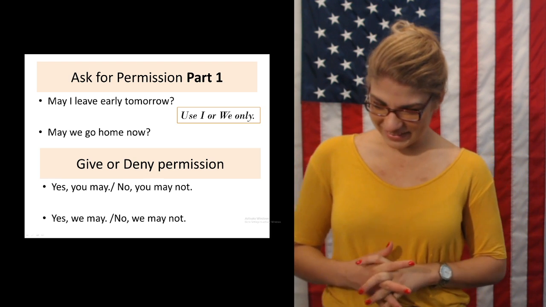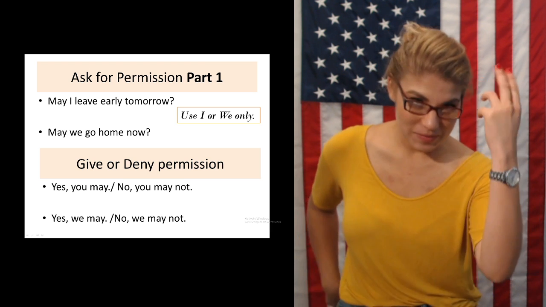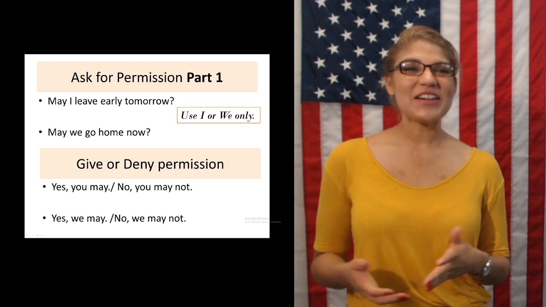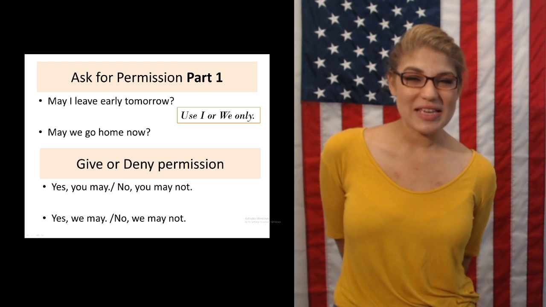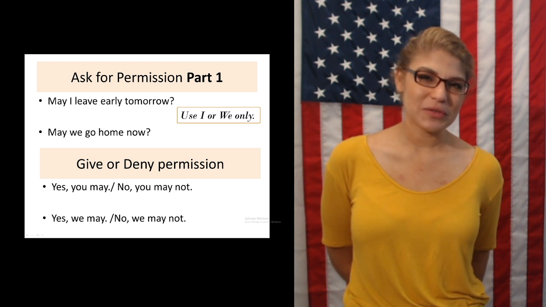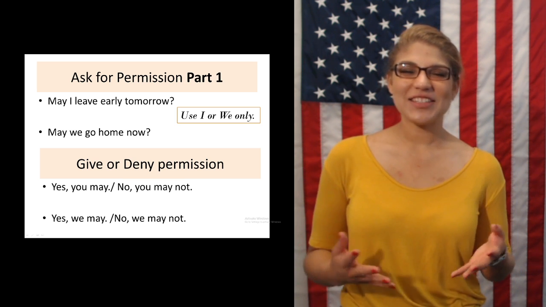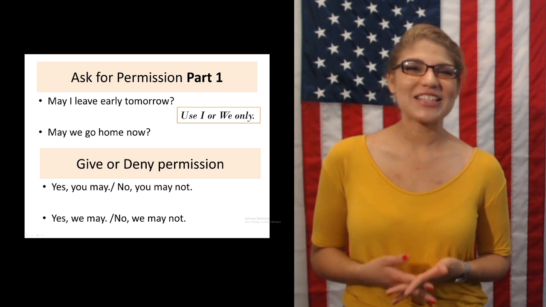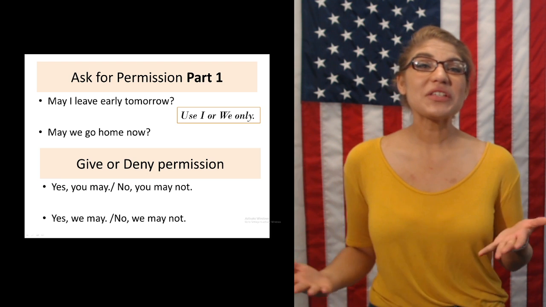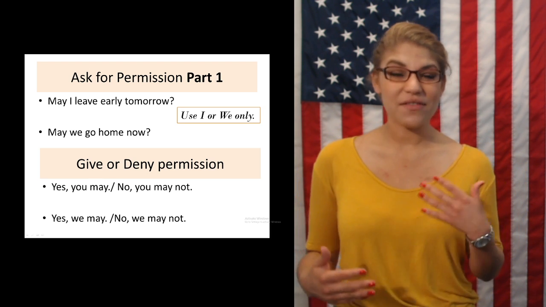We have the modal verb "may" first. All right, so today we're going to speak about the modal verb "may" because it's super useful and we use it all the time. May is a word that we use to ask for permission. You will see this word almost always when you're asking someone of authority.